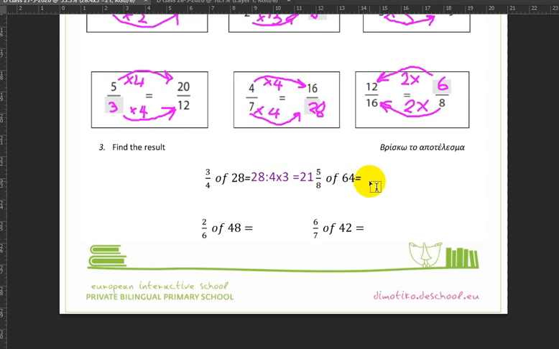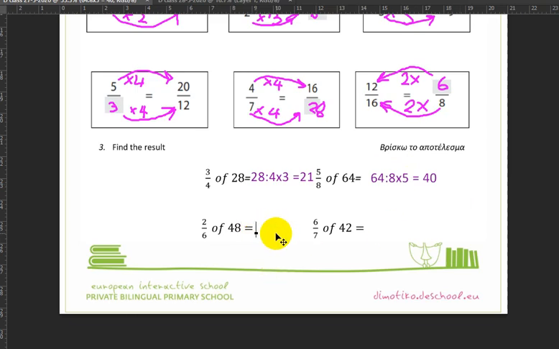Next, we have 5/8 of 64. So we take 64, we divide by 8, and we multiply by 5. 64 divided by 8 makes 8, and then multiplied by 5 will give us 40.